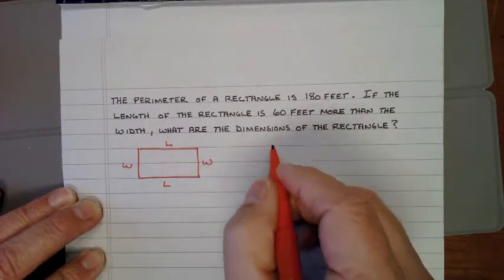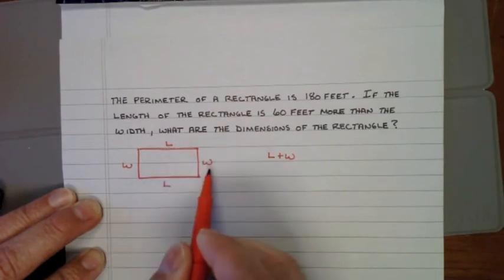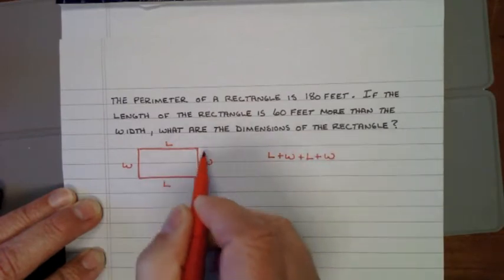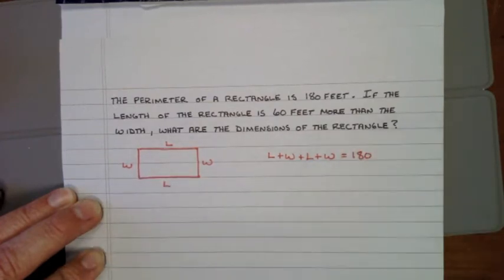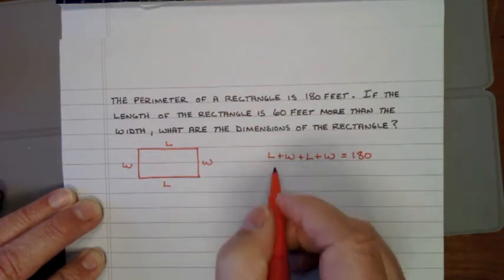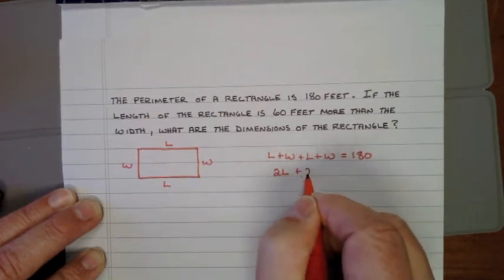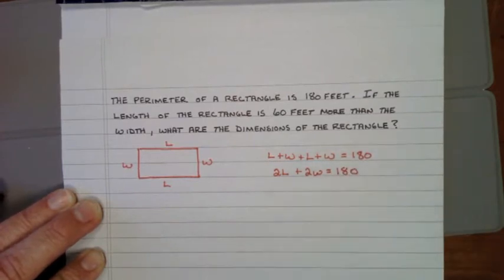So I could say L plus W, I'm going around in this direction, plus L plus W. When I add all four of those together, it's supposed to be equal to 180 feet. What I'm going to do next is combine like terms. All the L's go together. So I've got two L's. So I'll write 2L. Combine the W's together, that's 2W. This is my first equation.